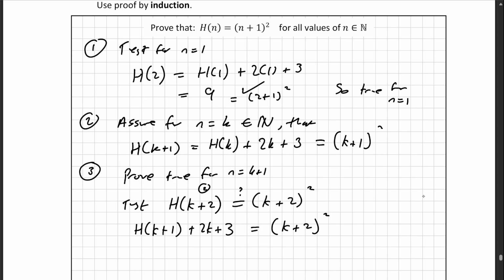But h of k plus 1 we know is this as well. So h of k is 2k plus... And h of k plus 1 is h of k plus 2k plus 3, which is k plus 1 squared. Yeah, h of k plus 1 is k plus 1 squared as part of our inductive step.